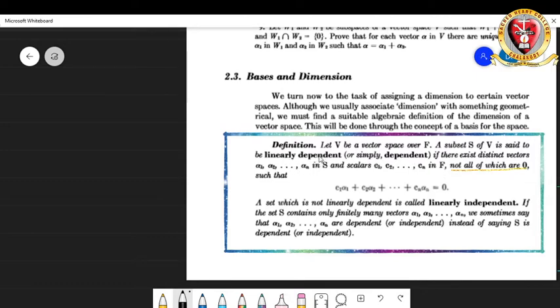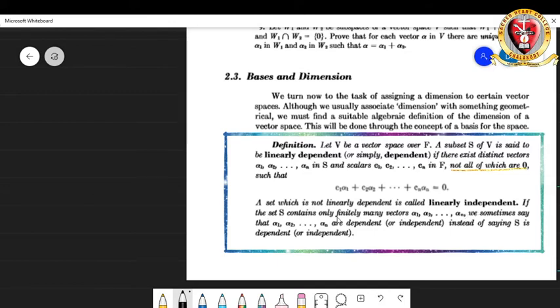If that happens, then we say that the set is linearly dependent. And if we cannot find such distinct vectors from S and scalars, not all 0, such that this happens, then we say that the set is linearly independent, or not linearly dependent.